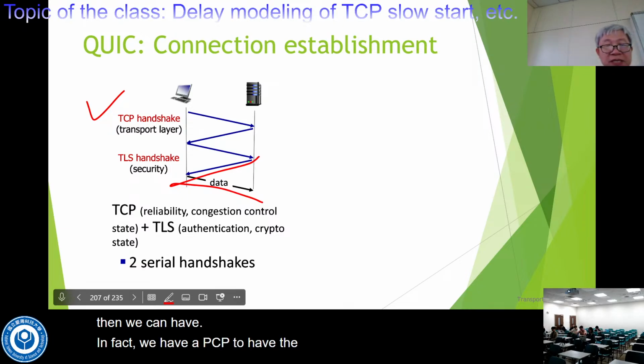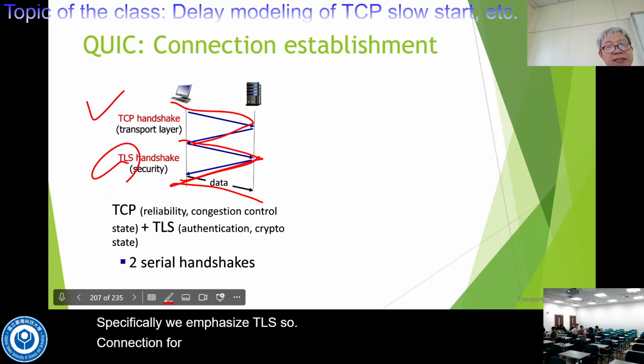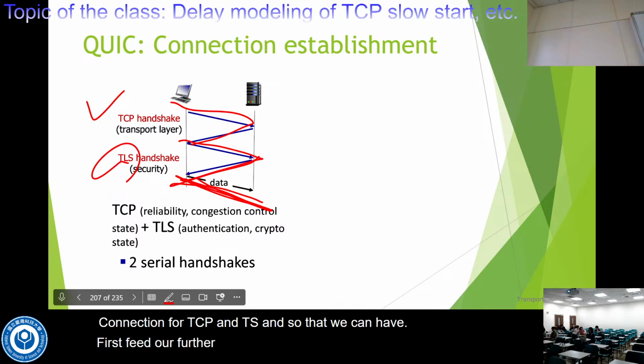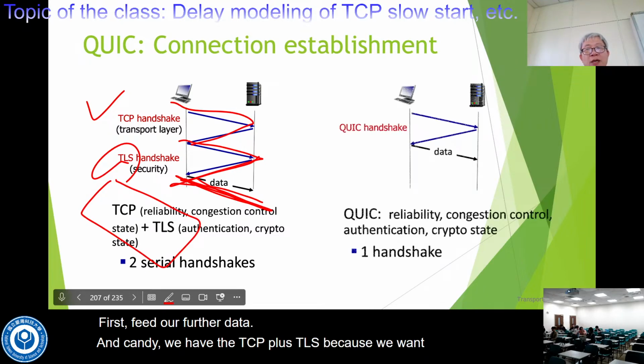And we have TLS, which we specifically emphasize. So, connection for TCP and TLS, and so that we can have the first bit of data. Currently, we have TCP plus TLS because we want to compare this with QUIC.